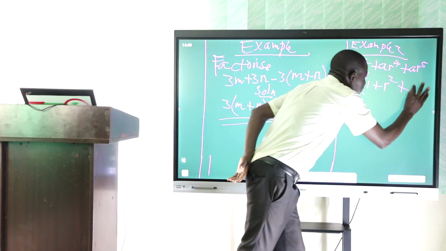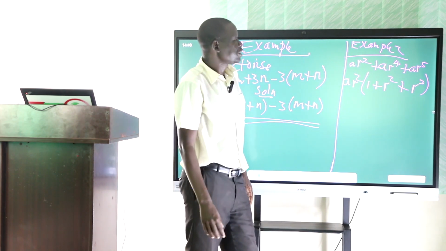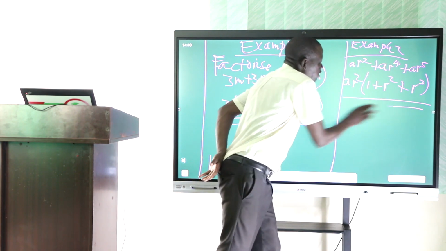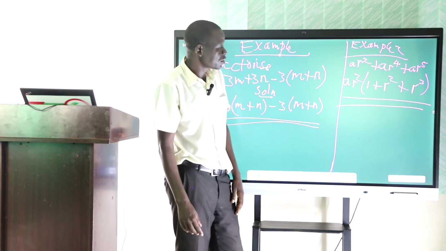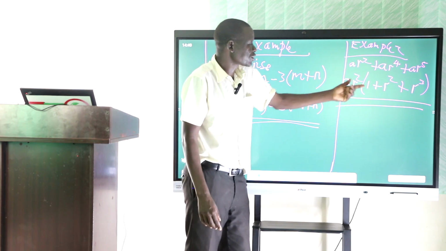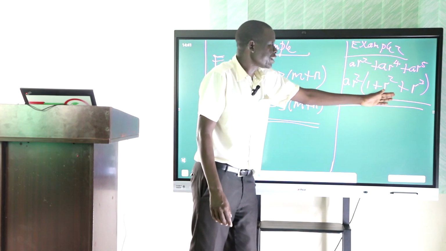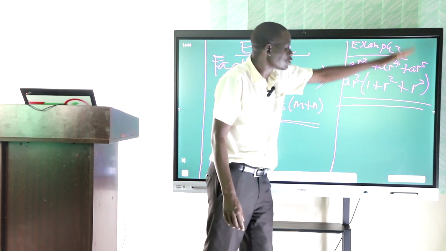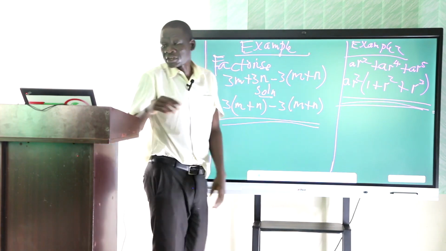You can see that it will be R cubed. So this becomes the factorized statement. You can see that when you open brackets, you go back to the original statement. AR squared times 1, you get AR squared, plus AR squared times R squared, you get AR to power 4, plus AR squared times R cubed, you get AR to power 5. So here, this becomes the factorized statement.